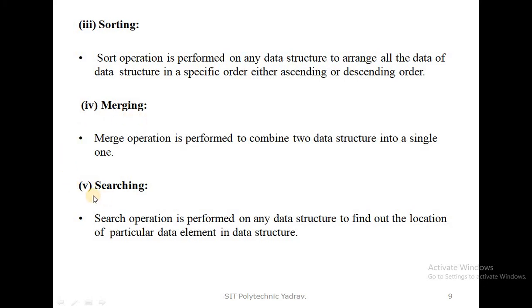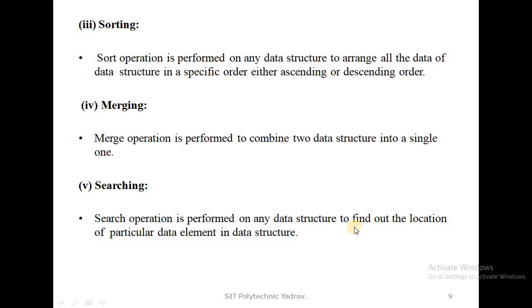Next, the fifth operation under non-primitive operations, searching. The search operation is performed on any data structure to find out the location of a particular data element in the data structure.